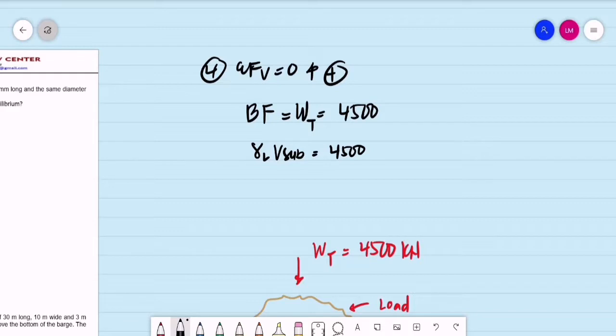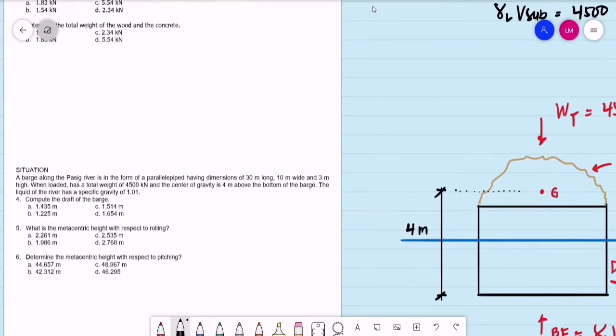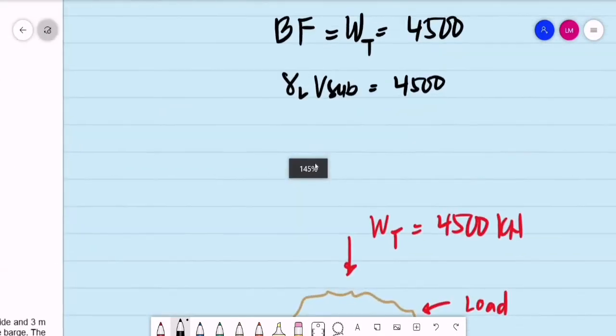The gamma of this liquid, for problem number 4, they gave a specific gravity. Specific gravity of the water this time is 1.01, so 1.01 times gamma water. Let us use 9.81 since there is no other given.